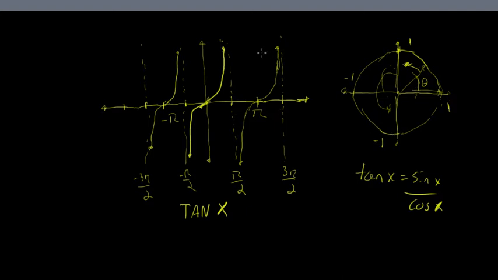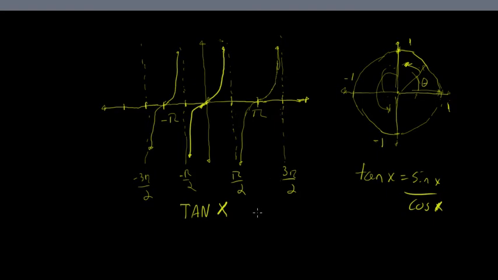Okay, so very close to pi over 2, you're seeing a huge value for tangent, and the same deal very close to 3 pi over 2, but on the left of it, and also on the left of pi over 2. And the same reasoning can be used to figure out why the rest of the graph looks like it does.